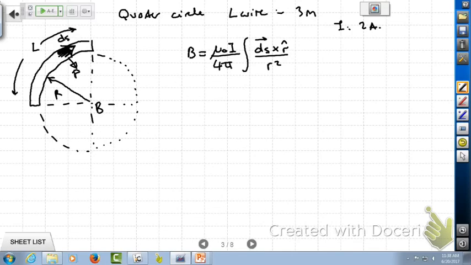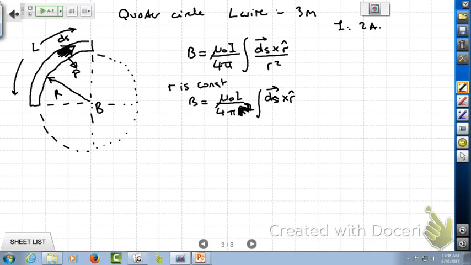And so I say, oh, r is constant. So B is equal to mu naught I over 4 pi r squared. I should use little r just so that I'm not changing symbols halfway through. r squared times the integral of ds cross r hat.